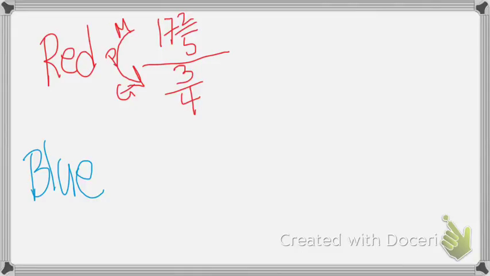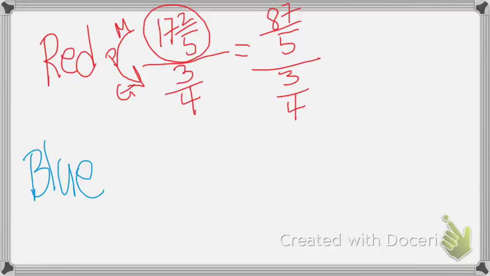We are dividing, and first what we need to do is change our mixed number in our numerator to an improper fraction, and that's 17 times 5 is 85, plus another 2 is 87, so that's 87 fifths over 3/4, which don't reduce. We've reduced those already.